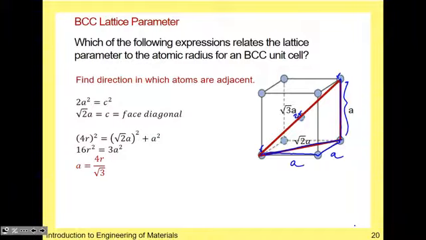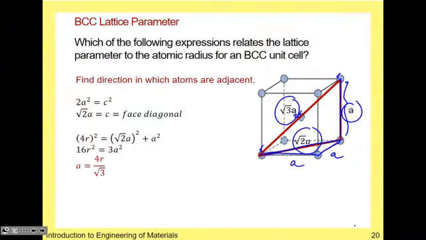And so now if one side is square root of 2 a, the other side of the triangle is a, you have the body diagonal length as square root of 3 a. Just Pythagorean theorem.